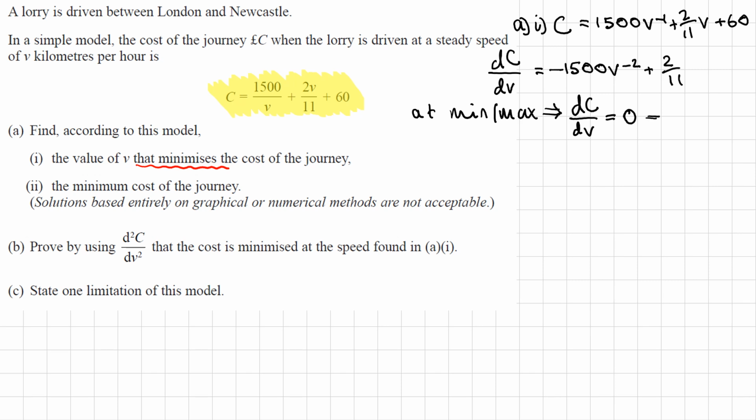That means that we're going to have negative 1,500 over V squared plus 2 over 11 is equal to 0. Let's rearrange it now because we want to solve for V. So I'll write 1,500 over V squared is equal to 2 over 11.